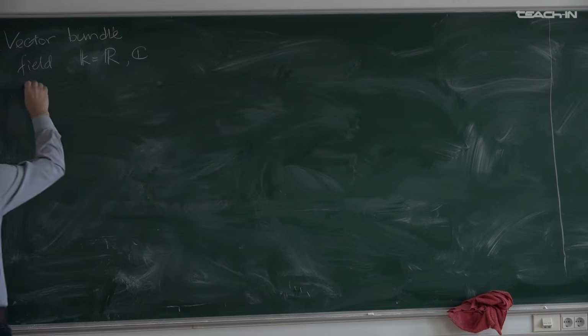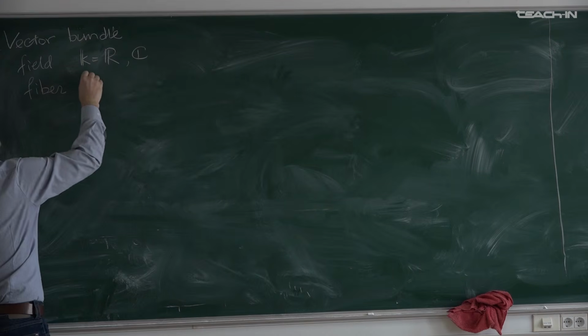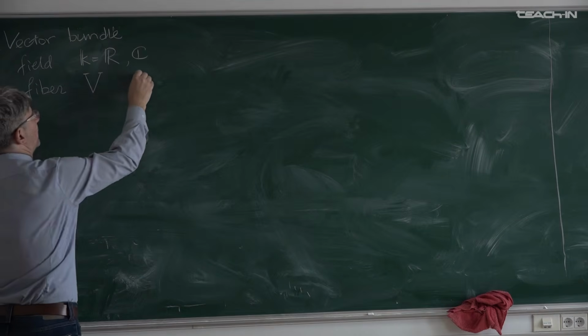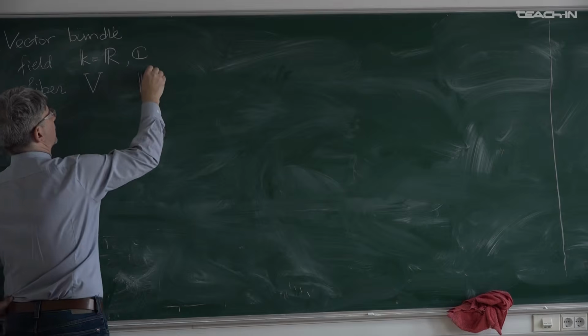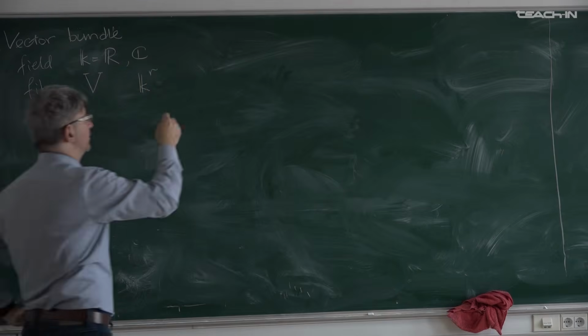So we fix a fiber. Usually it will be denoted either by a vector space V, or maybe I will write something like k to the power of r, an r-dimensional vector space.